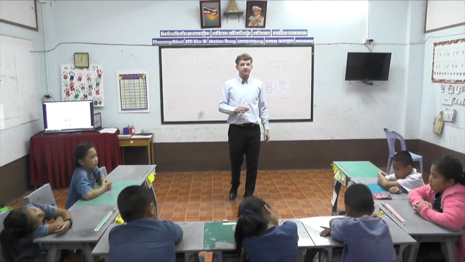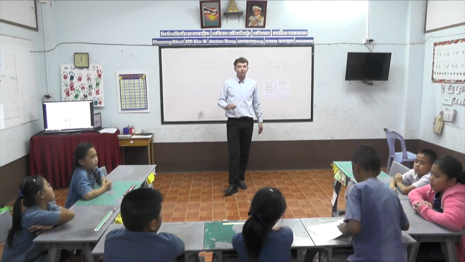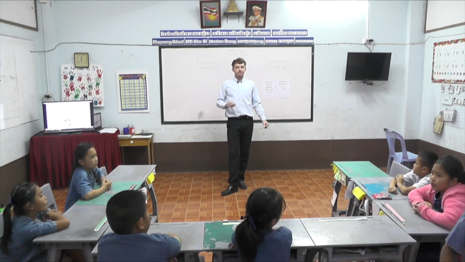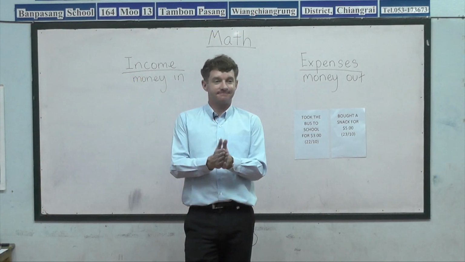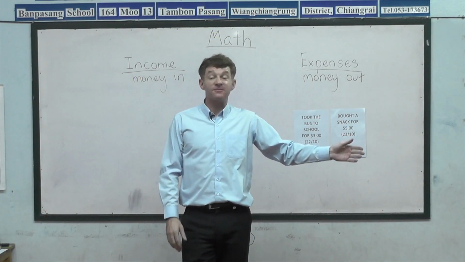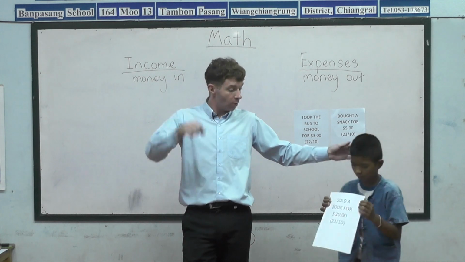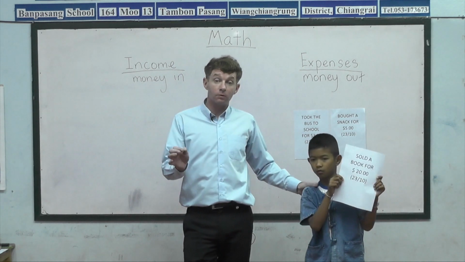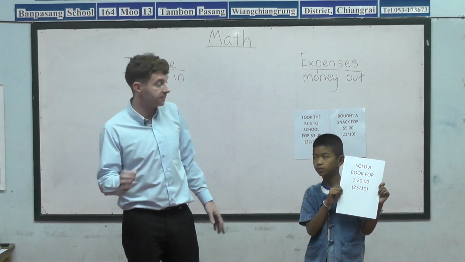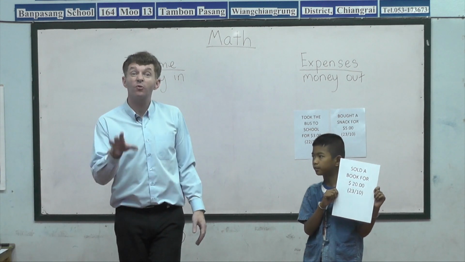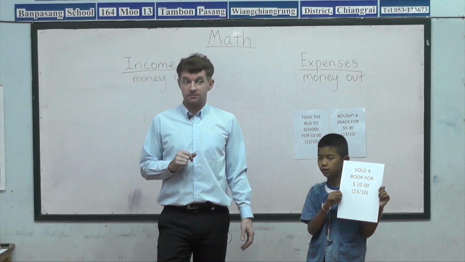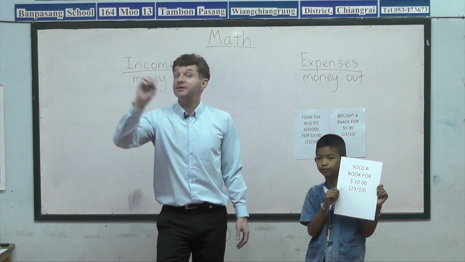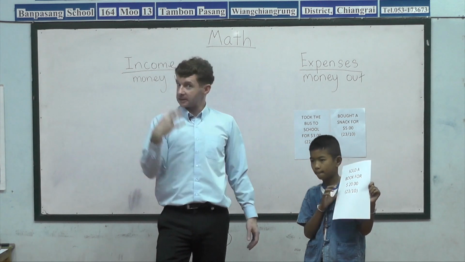Open our eyes, please, guys. Pat, come and join me at the front. Let's see what Pat's flashcard says. Can you hold it up high? Sold a book for $20. So if we sell something, we get the money.